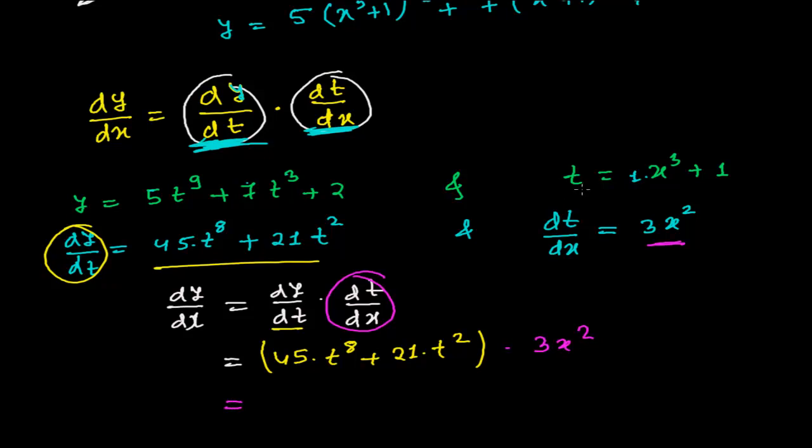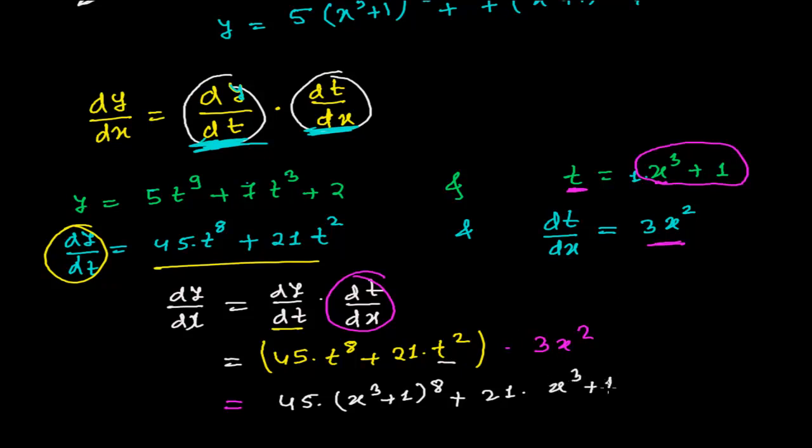Well, here t is actually x cubed plus 1, so now in the place of t I can write 45 times x cubed plus 1 to the power 8, and then again plus 21 times t, which is actually x cubed plus 1, so x cubed plus 1 whole square, and then times, actually this is the biggest bracket, times 3x square.